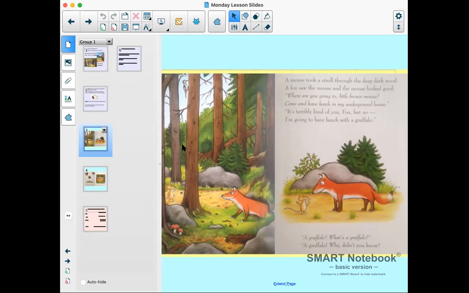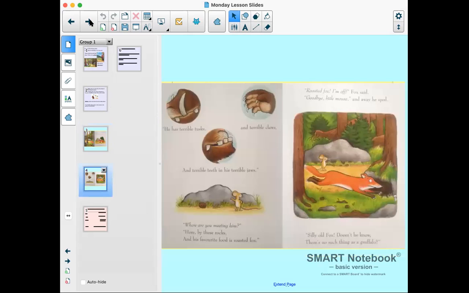So, a mouse took a stroll through the deep dark wood. A fox saw the mouse, and the mouse looked good. Where are you going to, little brown mouse? Come and have lunch in my underground house. It's terribly kind of you, fox, but no, I'm going to have lunch with a Gruffalo. A Gruffalo? What's a Gruffalo? A Gruffalo? Why, didn't you know?